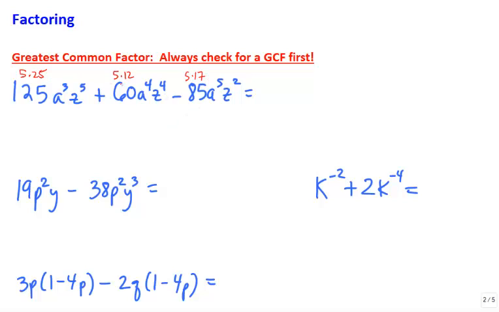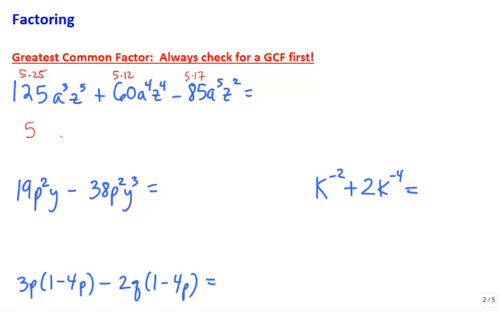And 25, 12, and 17 don't have any other common divisors, so the biggest number that all of these have in common would be the 5. So part of my GCF is going to be a factor of 5.